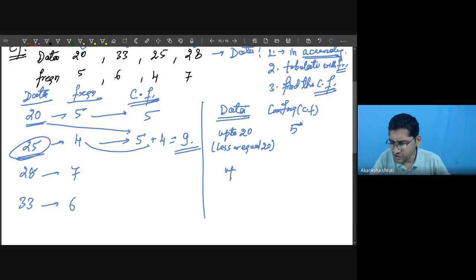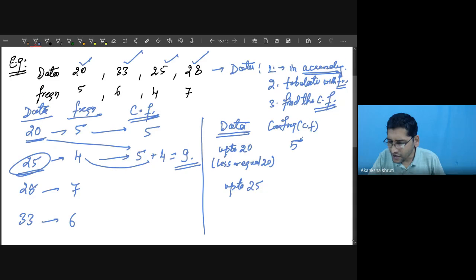Then we have to go for the next data, which is 25. Up to 25 means this includes the data 20 also. So we have to write the frequency of all the data up to 25.